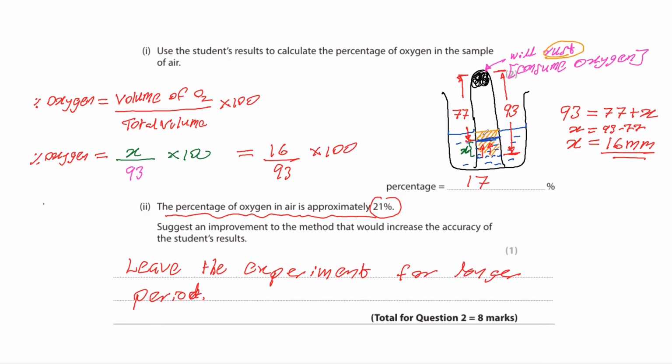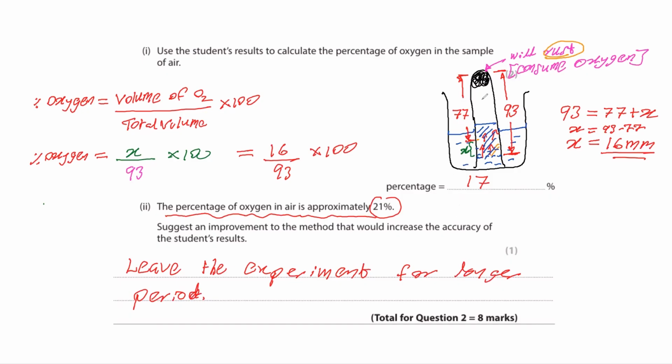Otherwise, we can keep on observing. Leave it for 2 weeks, leave it for 3 weeks. There will be one point where the liquid level rises up and stops rising. It will keep on going up, and at one point it stops. When it stops at that point, you know that all the oxygen has been used up.